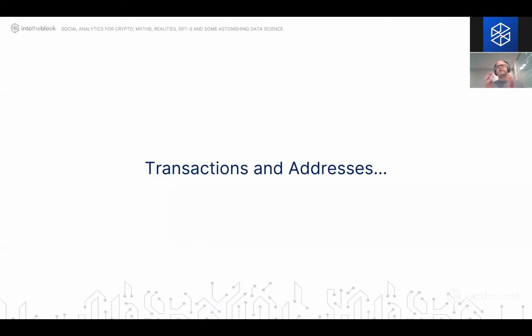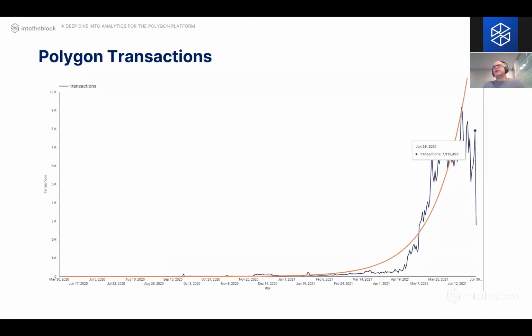The first category that I would like to look at is transactions and addresses. So when we look at the transactions on the Polygon blockchain, you can see that not much happened until February or March this year, and then the growth. These are transactions on the Polygon blockchain.